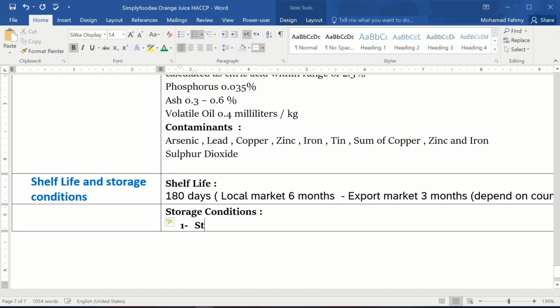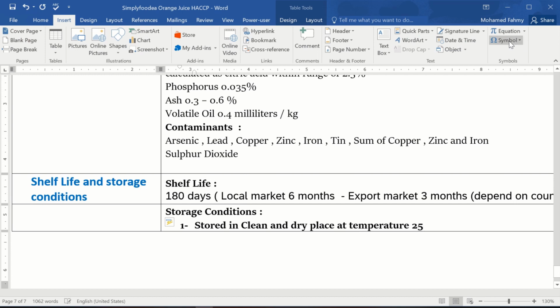So we'll write here that it must be, this is very common, stored in a clean and dry place at a temperature. It is very important to mention the temperature, and you can write, for example, 25 Celsius. But there is a problem.